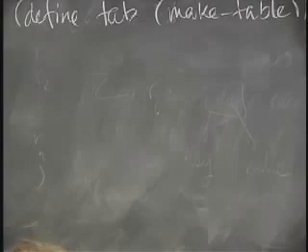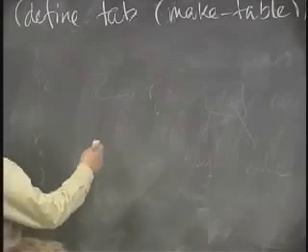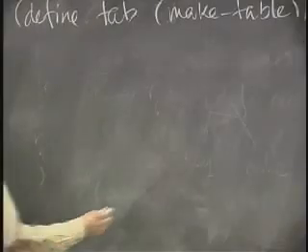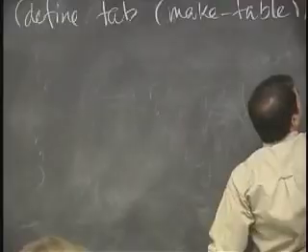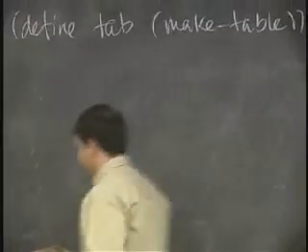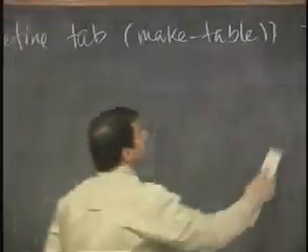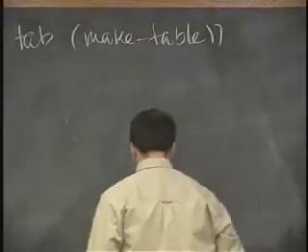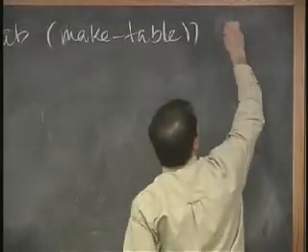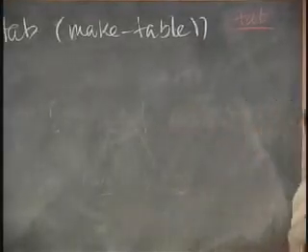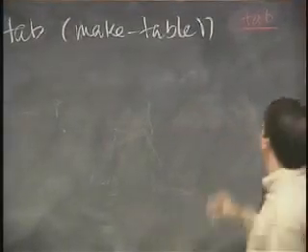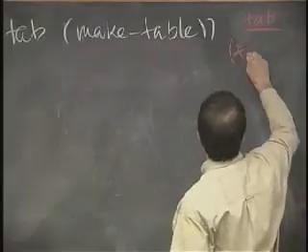Okay, so we define tab to be make table. What is tab going to be? Here's tab. Let me use a different color though. Here's our table. After we define it to be make table, it will be the list star table star.